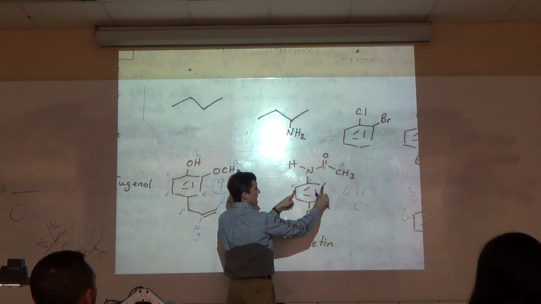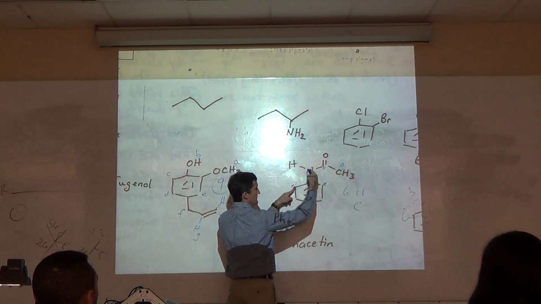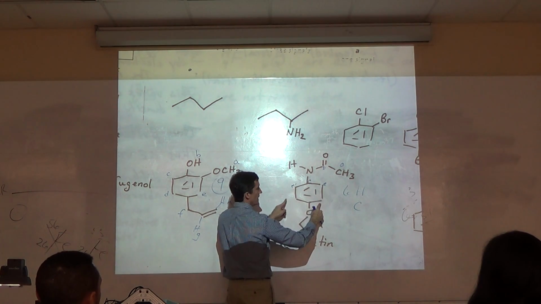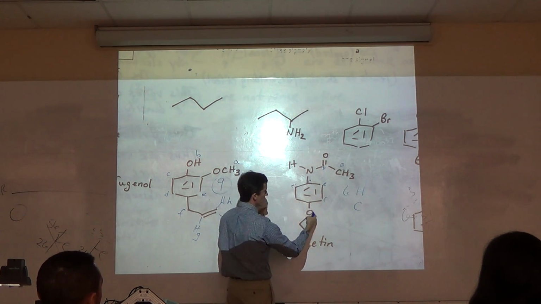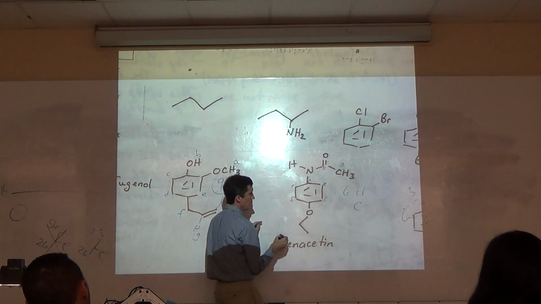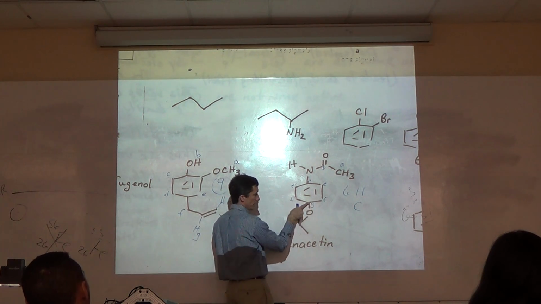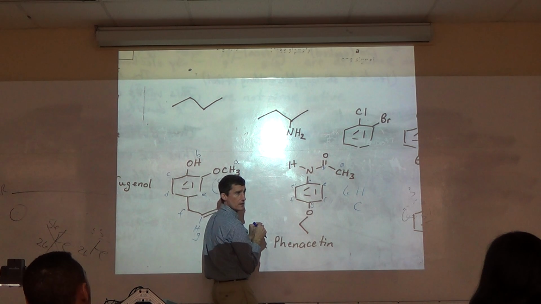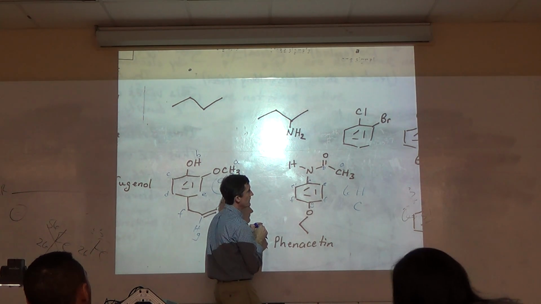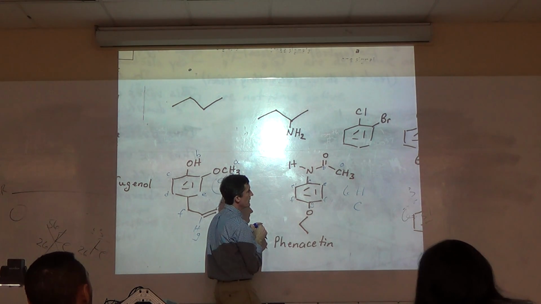E prime. These two carbons are the same due to symmetry. We're doing carbon here. That was different than that one because this one's closer to N, this one's closer to O. This is F prime. G, that carbon there.